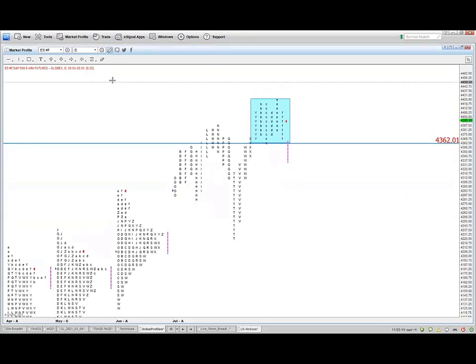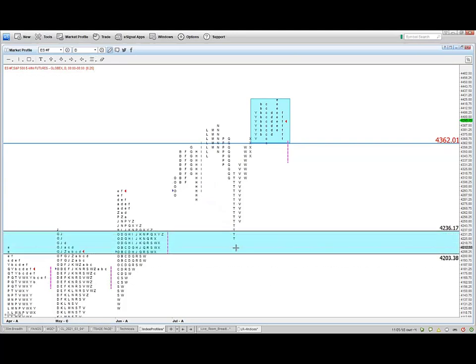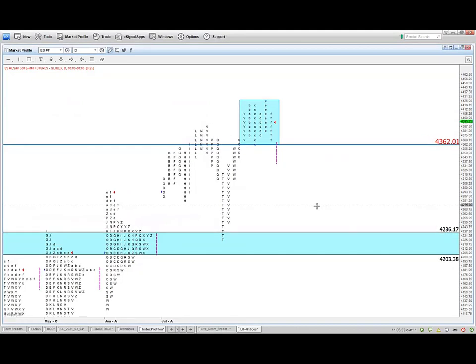If that were to happen, then really the only objective level to the downside would be the low of July that coincides with the high volume node in June. Now, just because it trades below this level doesn't automatically mean, okay, let's load up the boat because we are going to here. No, that's not what that means. It means it opens it up.